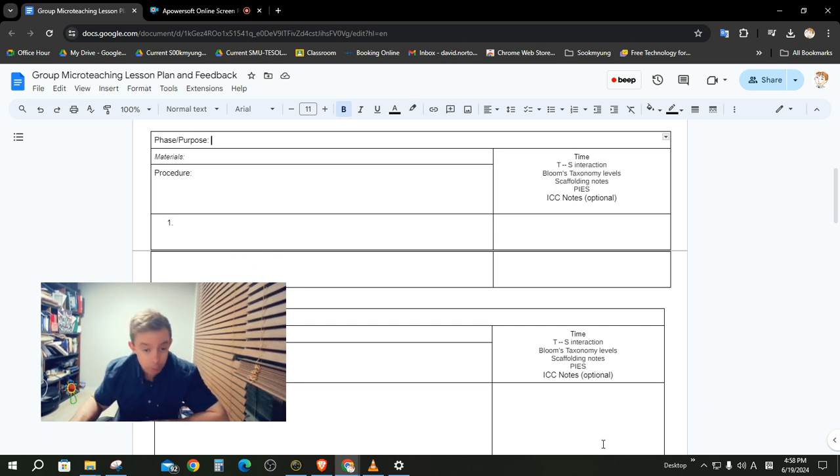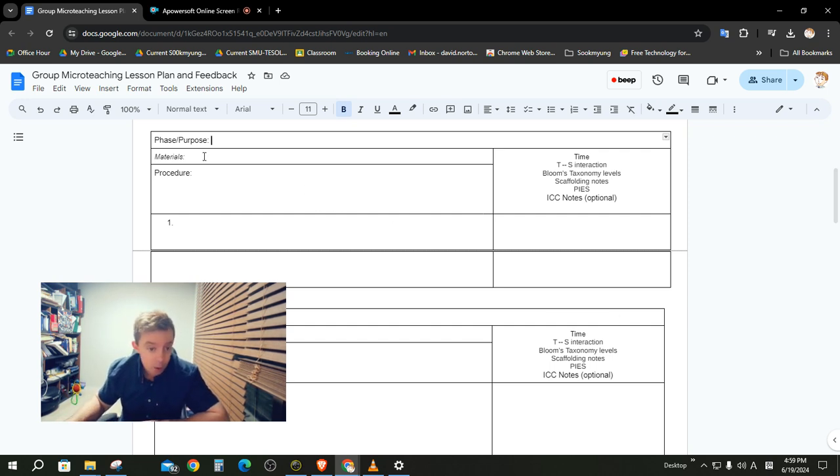Or if you have a different purpose or a different phase, maybe you're doing a PPP and that's your present, right? Or if there's another purpose, maybe, we talked about engage, but maybe if you don't want to use those terms, maybe that's your activating schema first, right? However you would like to organize this, as long as I can kind of follow the structure that you're going for.